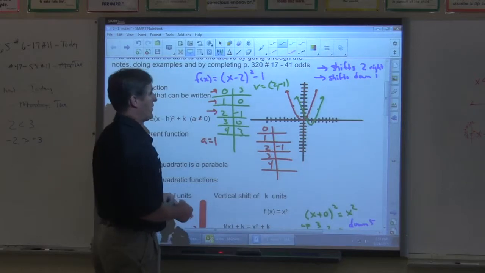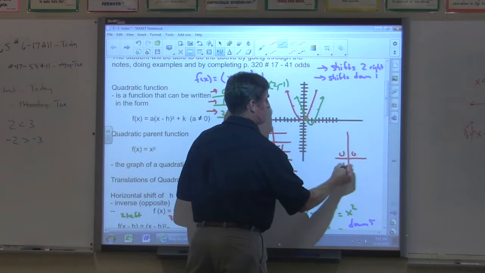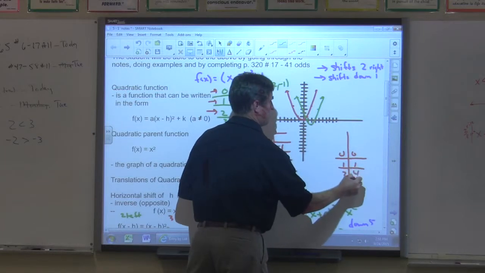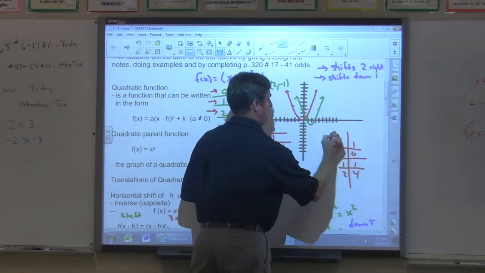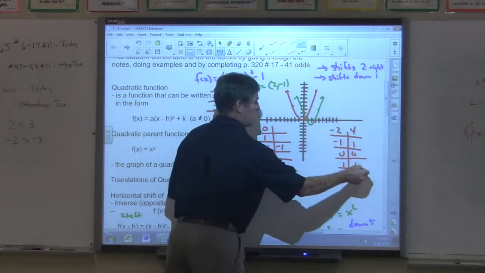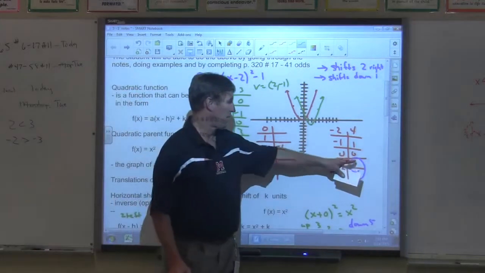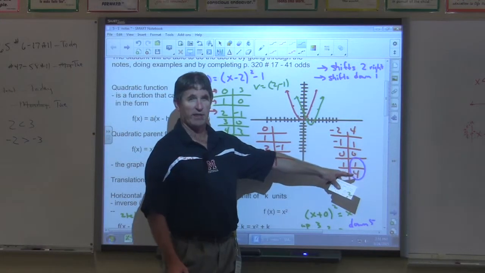All you have to do, if we go back to our parent function, is you're always going to use these values. Our parent function goes up 1 and then up 4 from the vertex.